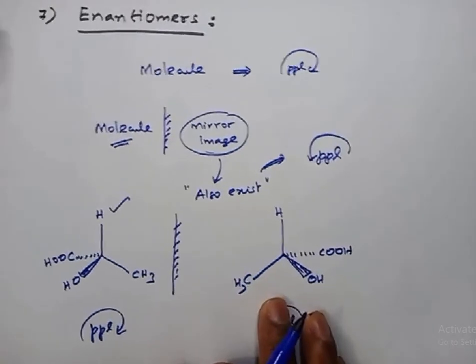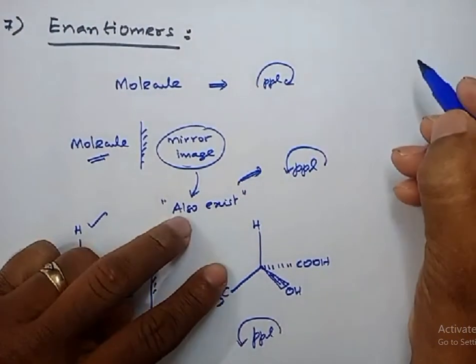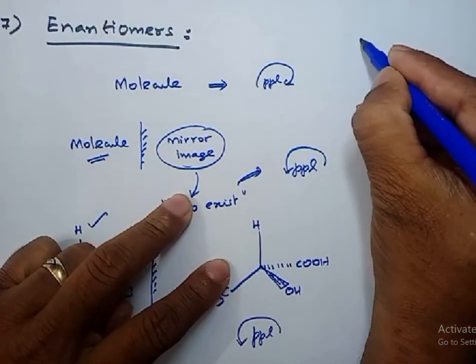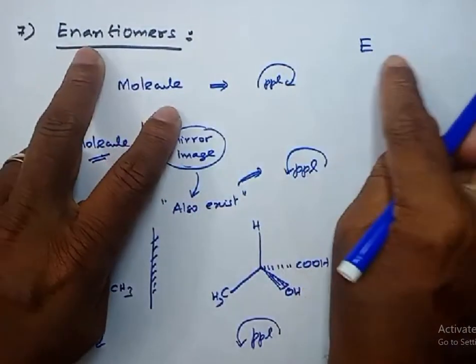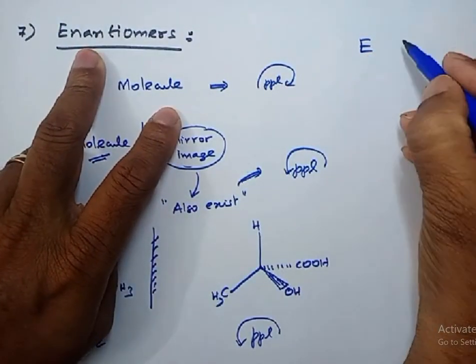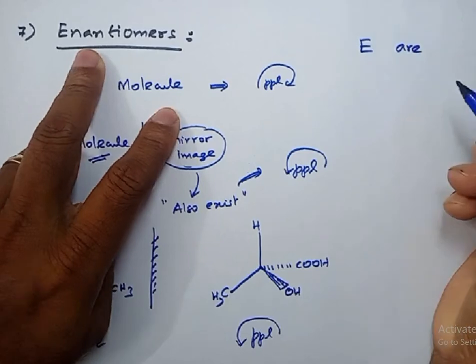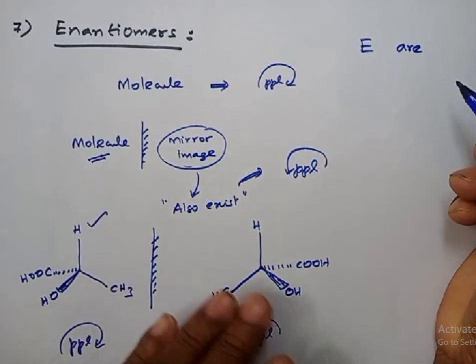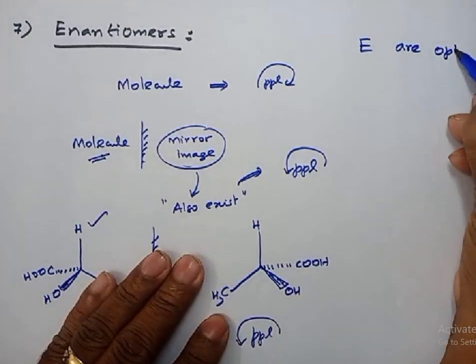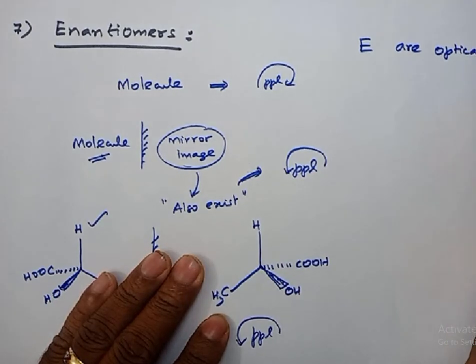So what are enantiomers? Let me write here, E means enantiomers. Enantiomers are optical isomers. They rotate light.